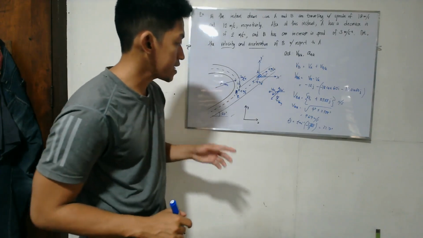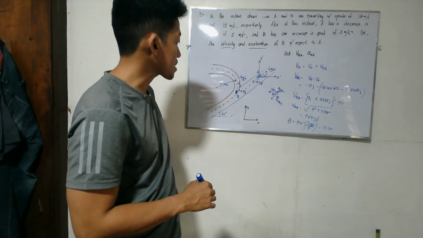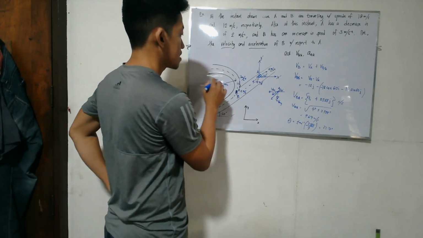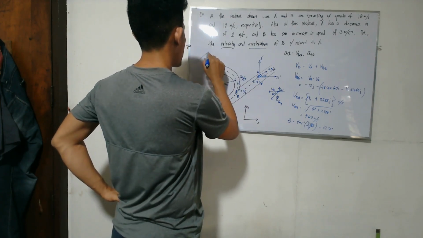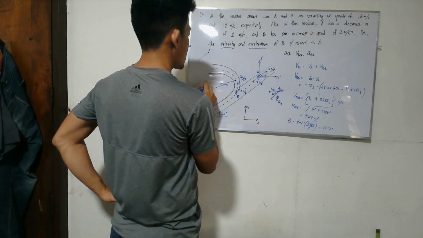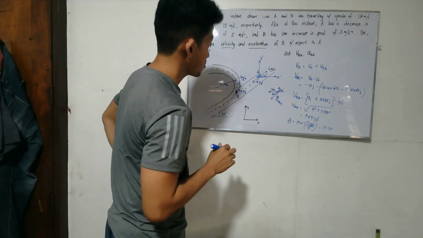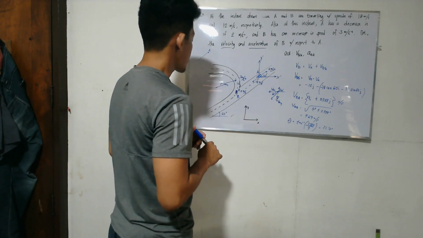So meaning kung i-plot mo nimong velocity B with respect to A, okay, so mahimo na siyang paano ang imong A, ang imong B. B is downward, right?